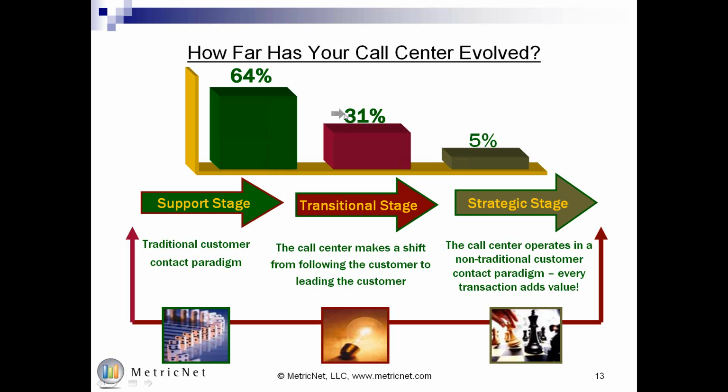As much as anything else, today's webcast is about enabling all of you to recognize where you are on this evolution and using key performance indicators strategically to make this migration towards the strategic end of the spectrum, to become a strategic stage contact center as quickly and as efficiently as you possibly can.